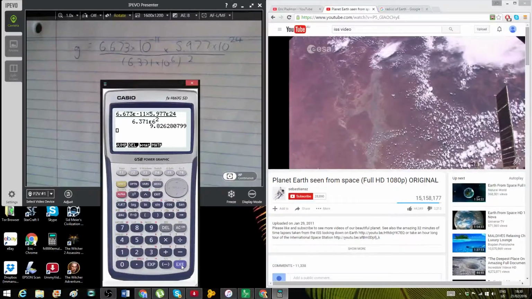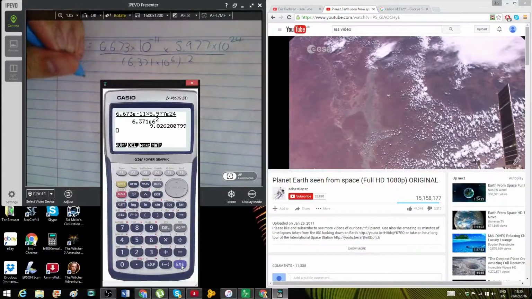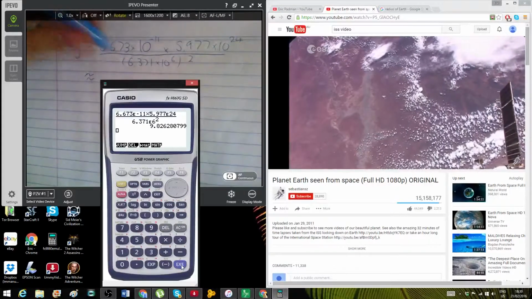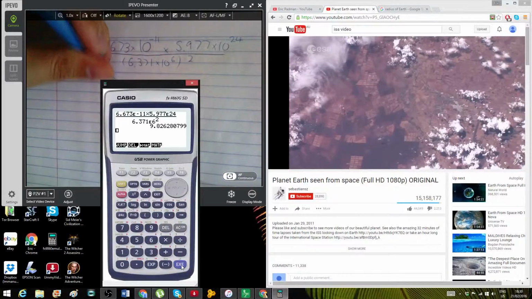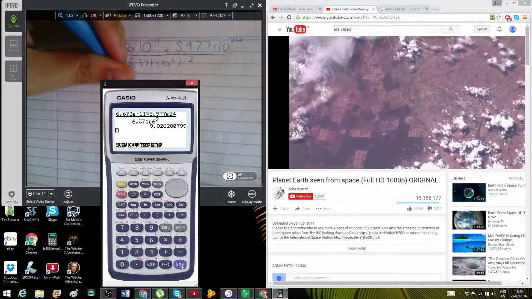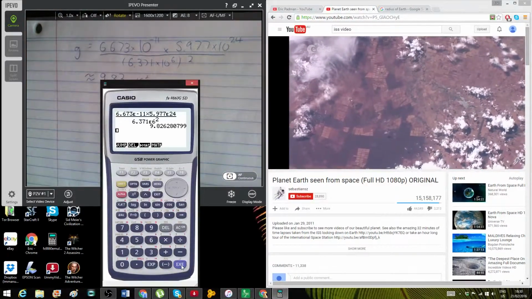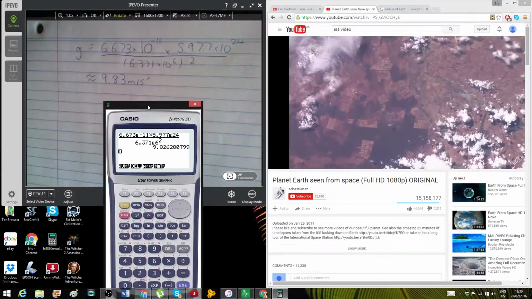Okay, and we get approximately 9.83 meters per second squared, which would round, to two significant figures, to 9.8.